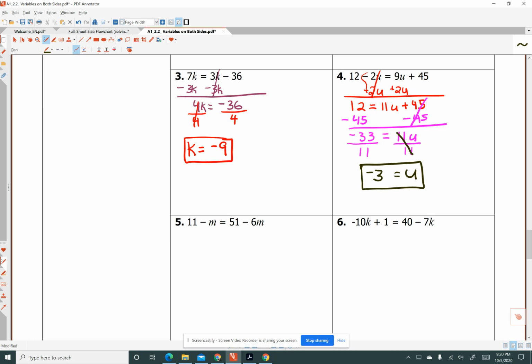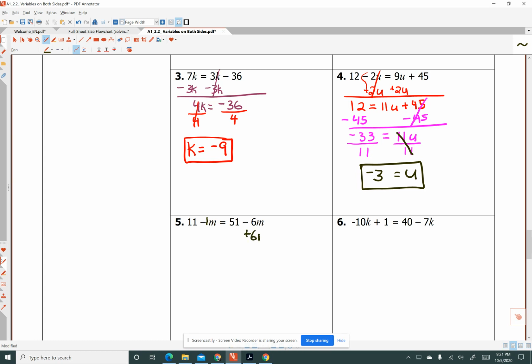And number 5, I think I have negative 1m. Remember, that's an invisible 1 there, so don't get mixed up with that. So we've got 11 minus m, or minus 1m, equals 51 minus 6m. So I'm going to move 6m's to the right because that's a smaller number.